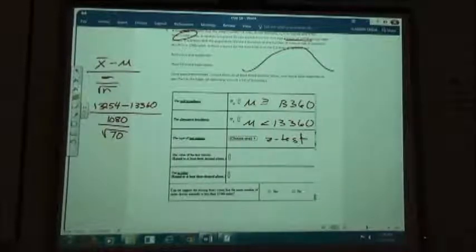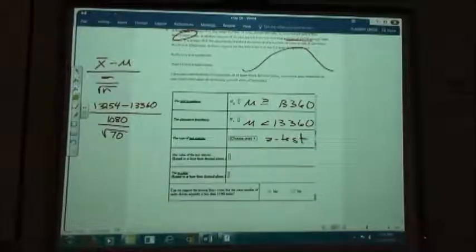Gotta close our parenthesis on the other side, so cursor over, delete that, delete again. Now cursor so you're outside the square root, and then close the parenthesis. Now let's hit equal and see if that works.